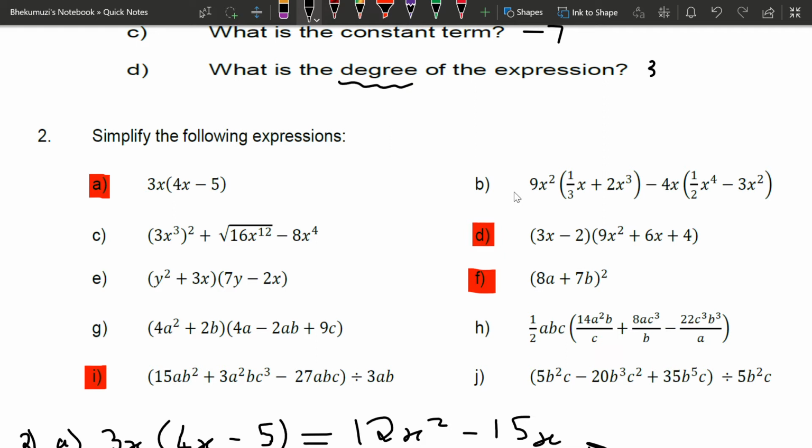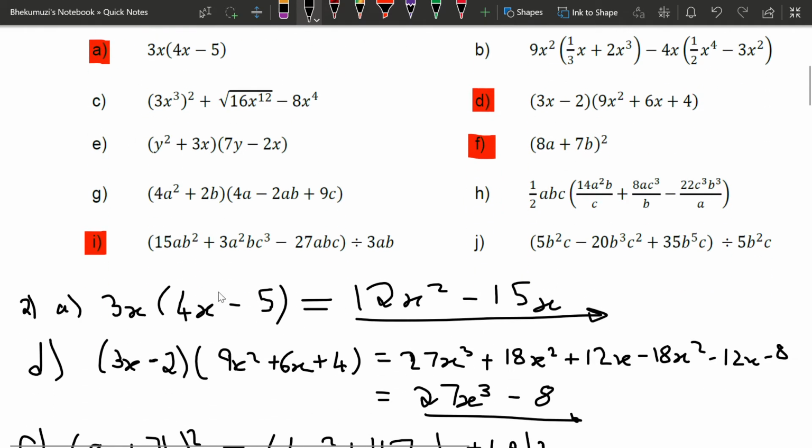So you'll probably have to stop the video now and try them out. So the first one is quite simple, quite straightforward. It's a, which is 3x multiplying 4x minus 5. We just multiply 3x inside, and we find this final solution, which is 12x squared minus 15x.